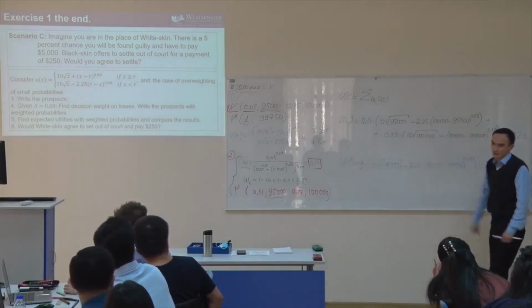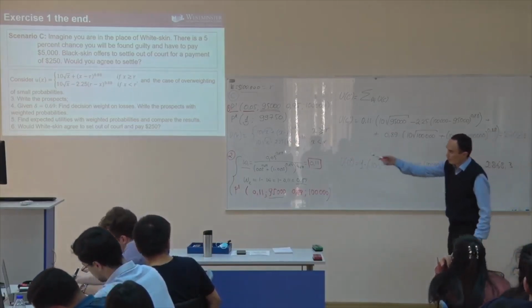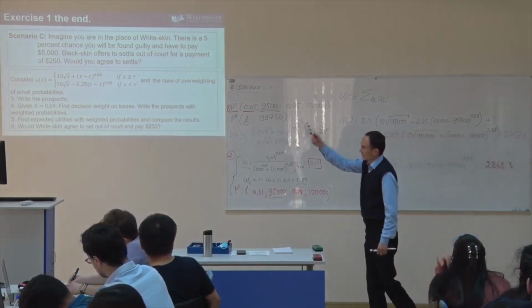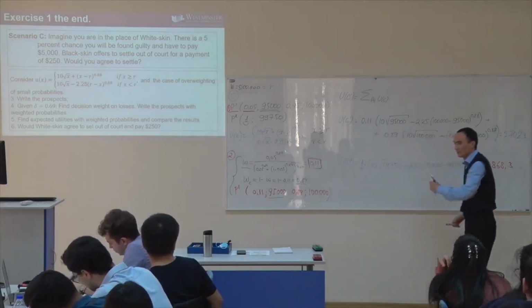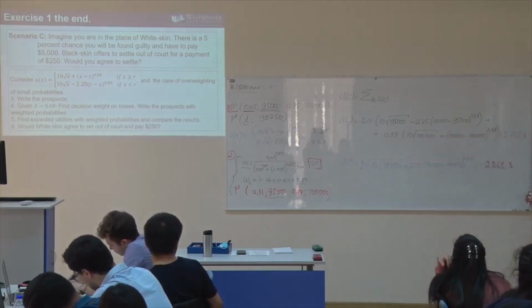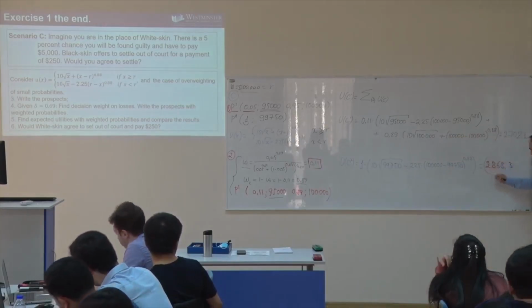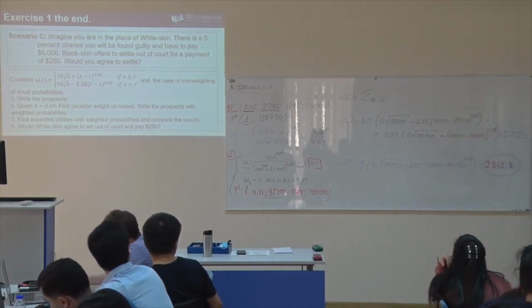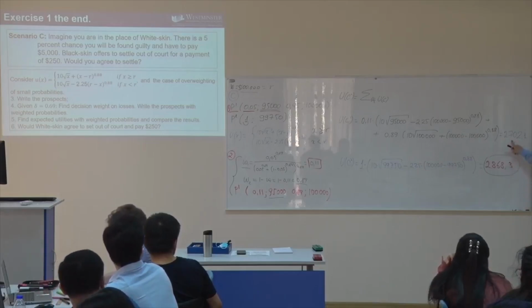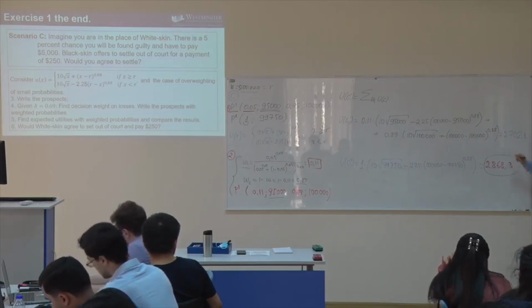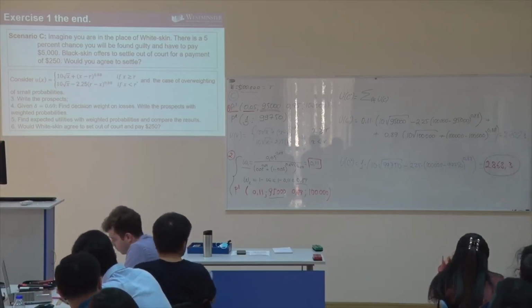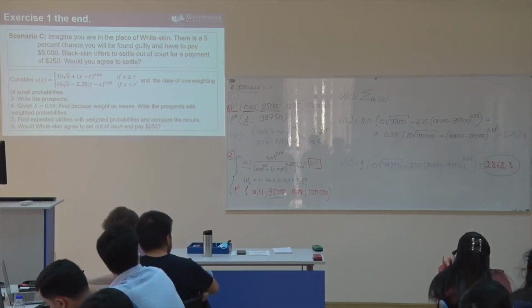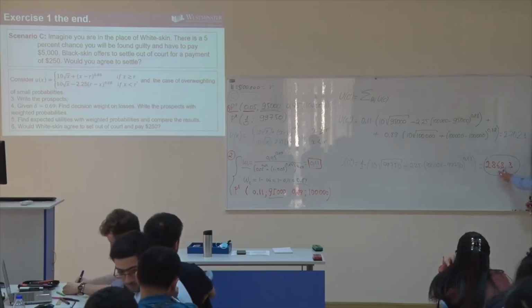So now you can answer the question. Would the person agree to settle out of court and pay 250? Yes. His expected utility from paying 250 is greater than his expected utility from going to court. If you have such questions, students, in order to say yes, you must have this number first. This is proof.